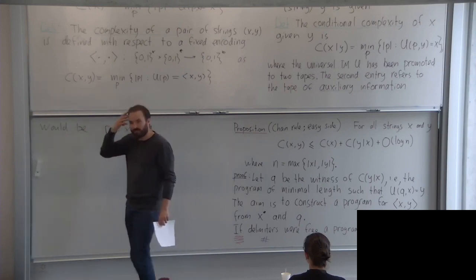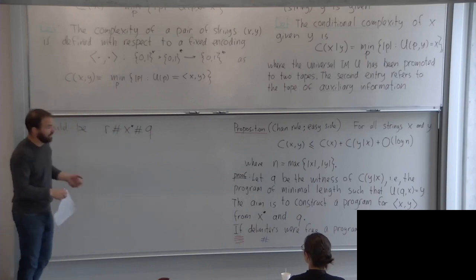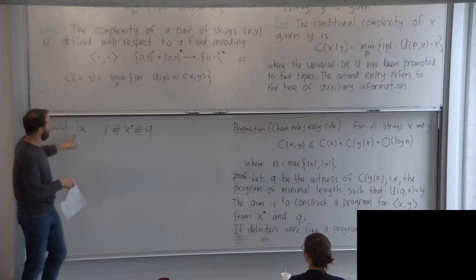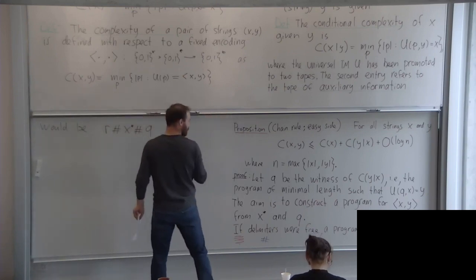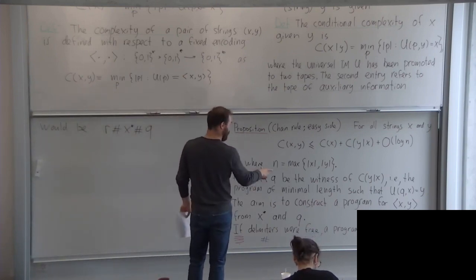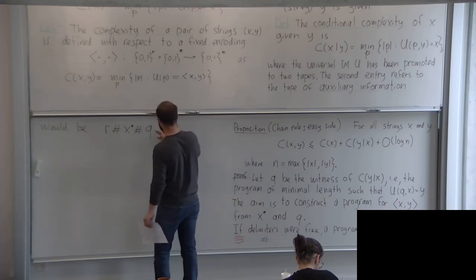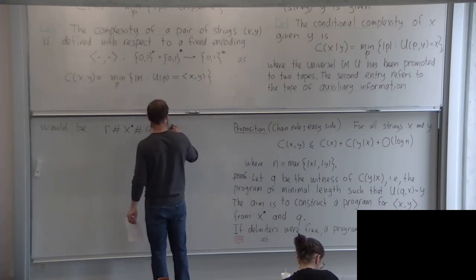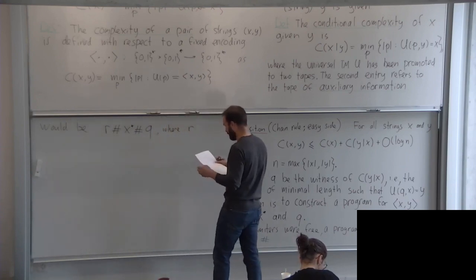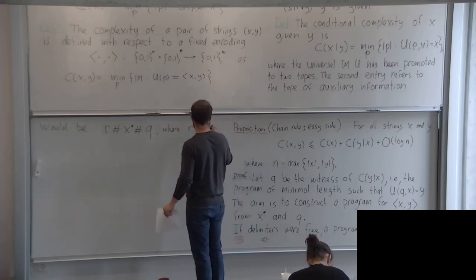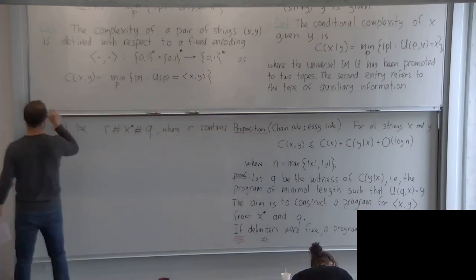But for now, just so you could see the argument, give me for now that, yeah, if delimiters are free, a program for xy would be this. Boom. Where R does the following. Where R contains the following instructions.